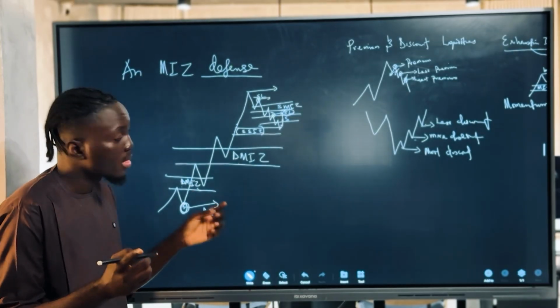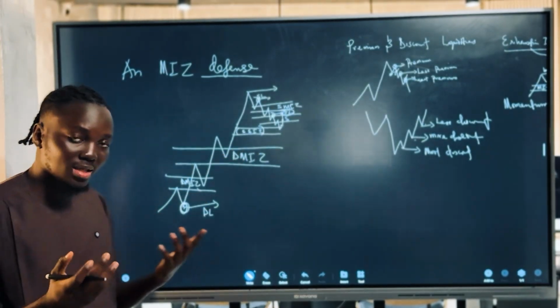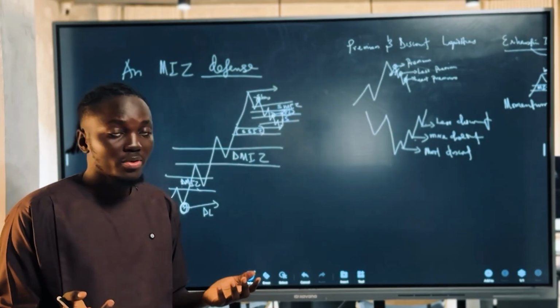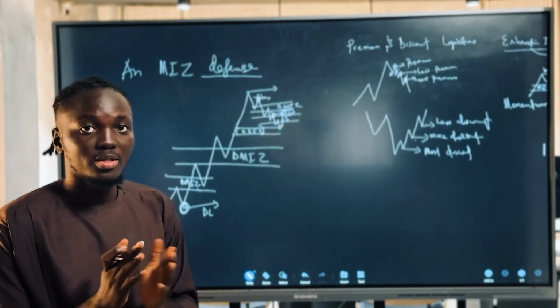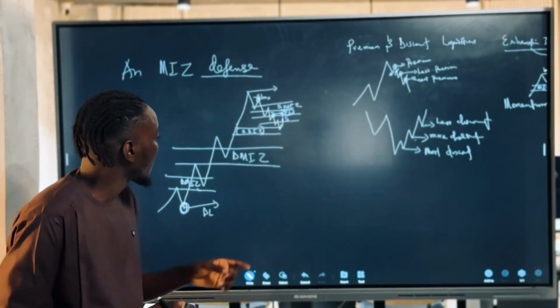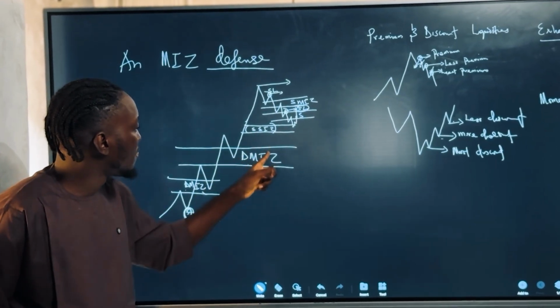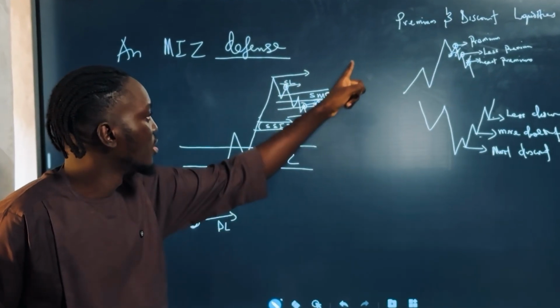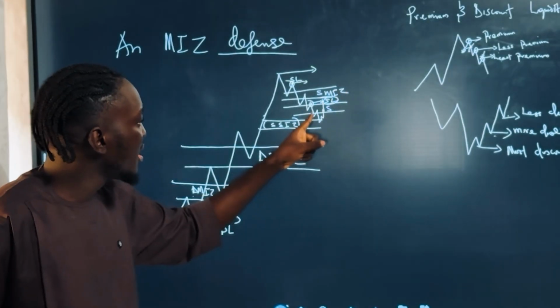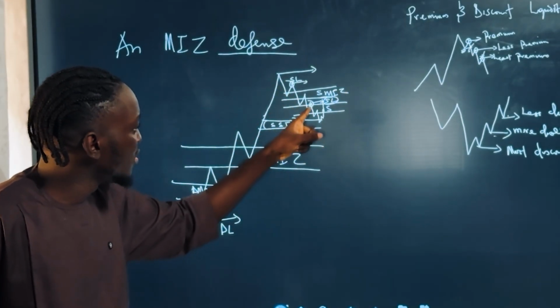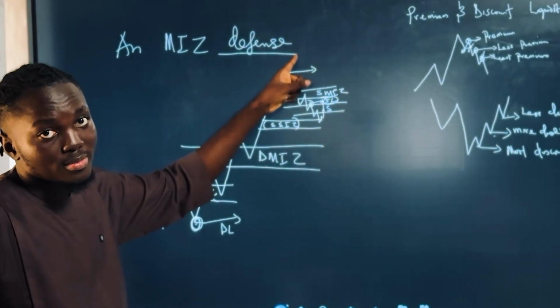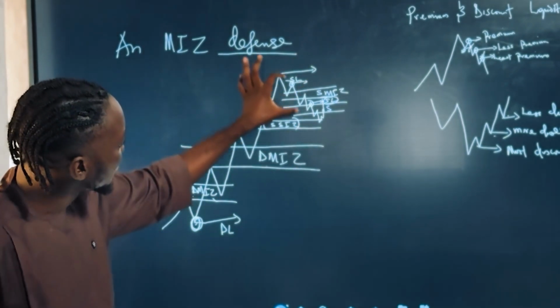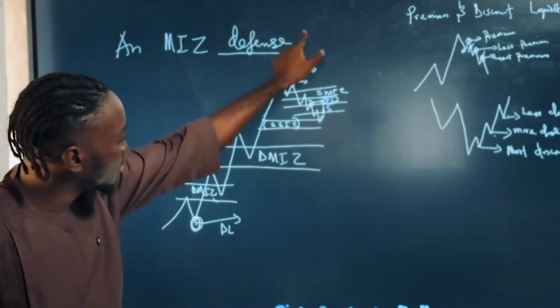Why is that? For every continuation, there is a reversal. What does that even mean? A continuation of buy, we are looking for buys to continue, means a reversal on the pullback, which is a sell trend. So for every continuation, there is a reversal on the pullback trend.